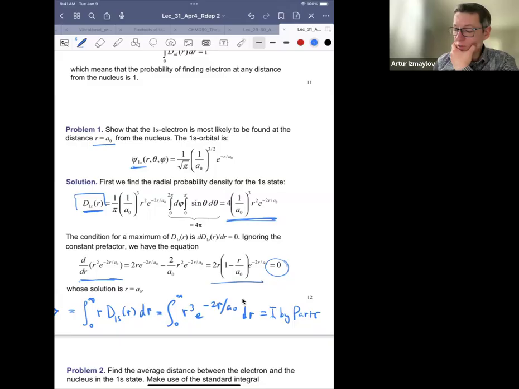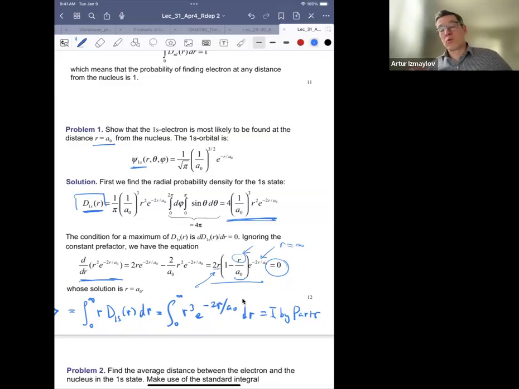And after differentiation, you have these 3 parts. And you could see that they are 0 if r is equal to 0 here, r needs to be infinite here, and r needs to be equal to a0 so that this one is 0. And of course, why do we have 3 positions?